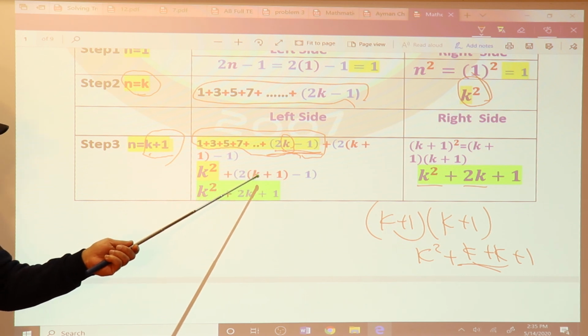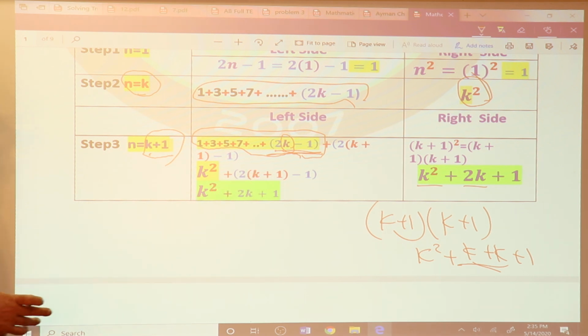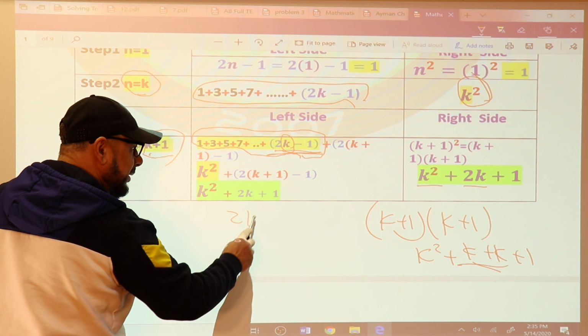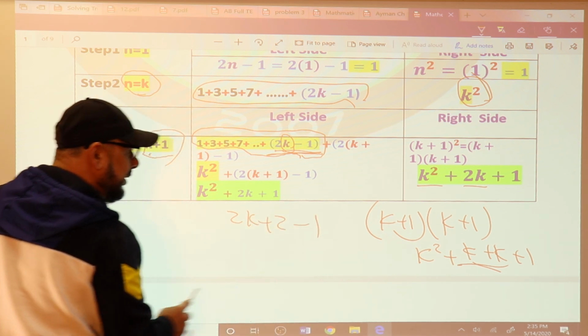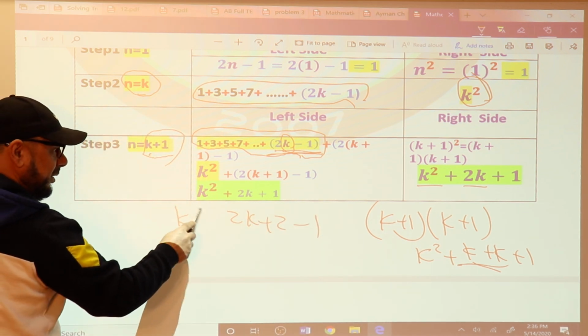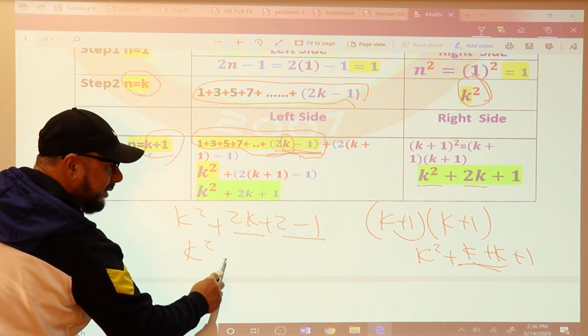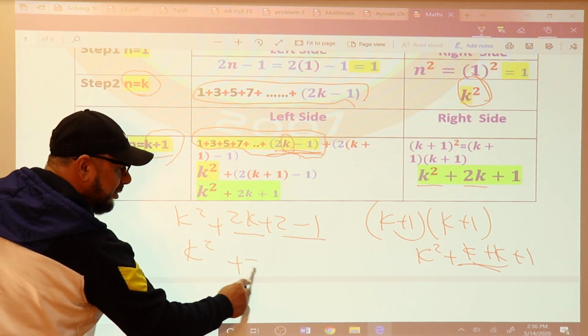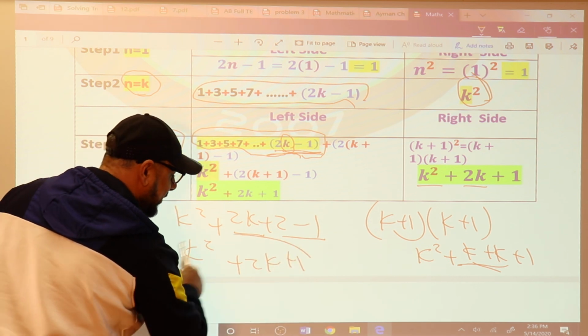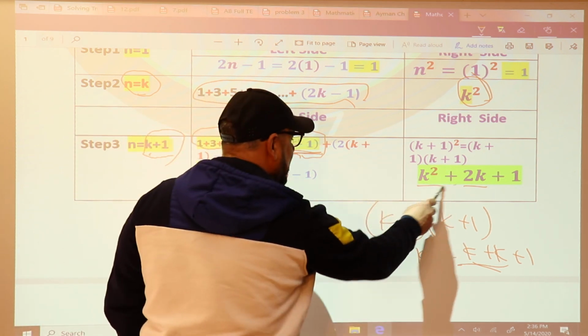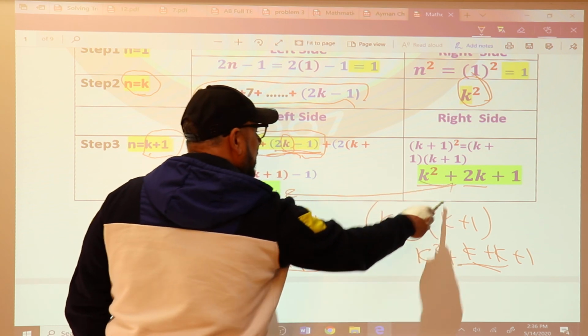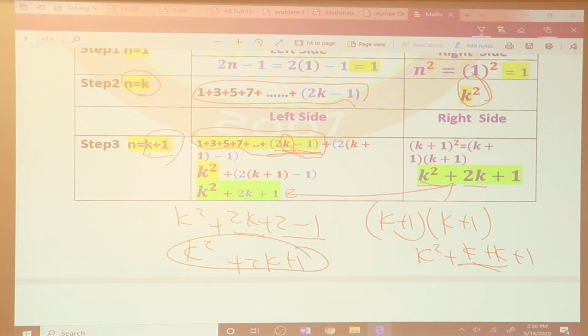Simplify: 2 times K is 2K, plus 2 minus 1. We have K squared here, K squared plus 2K plus 1. Then the left side and the right side, both of them are equal. That means the statement is true.